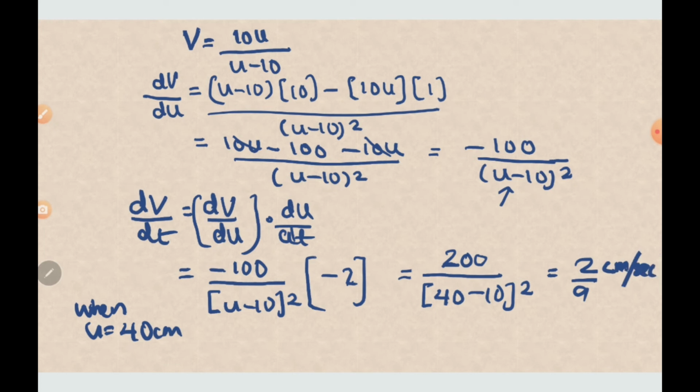Okay, so this is the final answer. That is dv dt equals 2 over 9 centimeter per second. Okay, thank you.